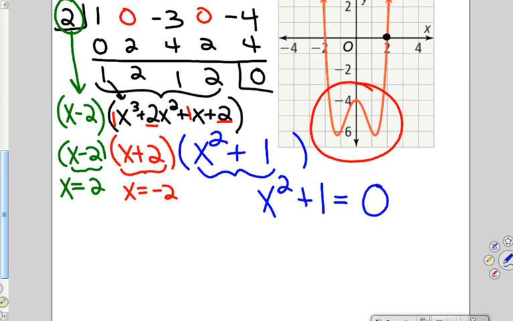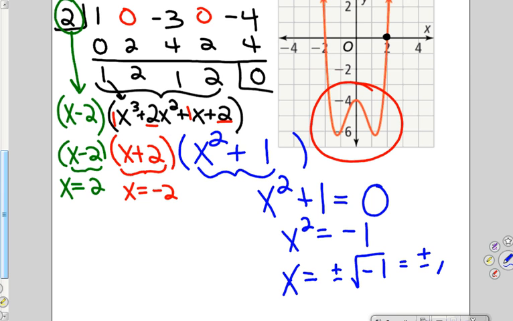That's pretty easy to solve. Take away 1 from both sides, and then take the square root of both sides. You get plus or minus the square root of -1. What's the square root of -1? i. So the 4 solutions are 2, -2, i, and -i. Those are the 4 solutions.